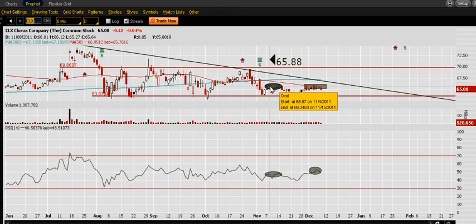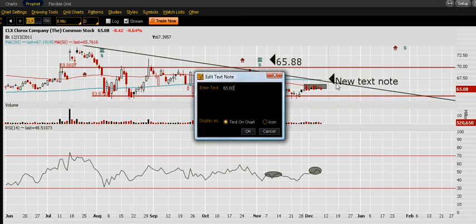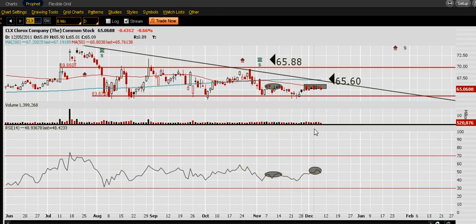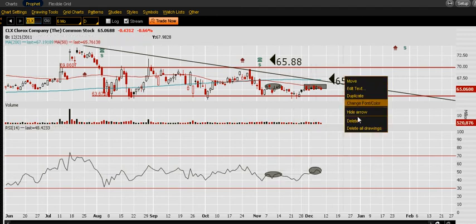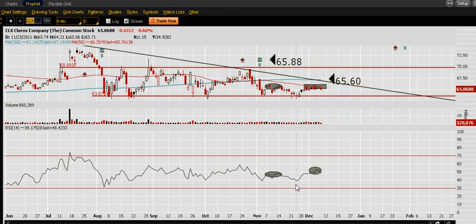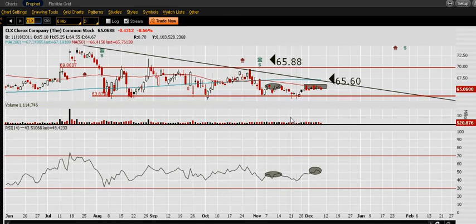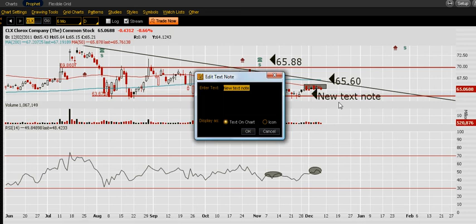So we're not doing too significant over here, but still 65.60. And we're going to take the low right here. We're going to get our base, which is going to be 63.71, which I'll just put right here, 63.71.